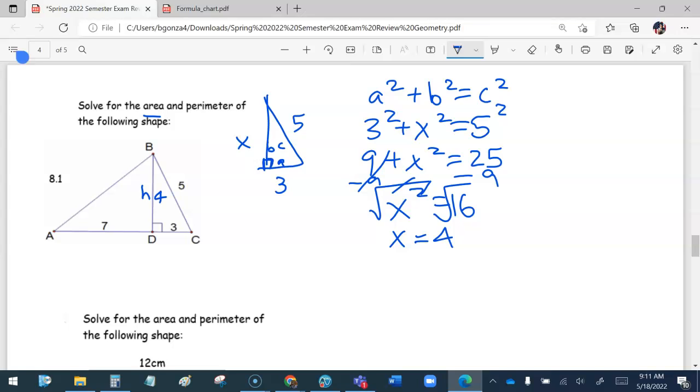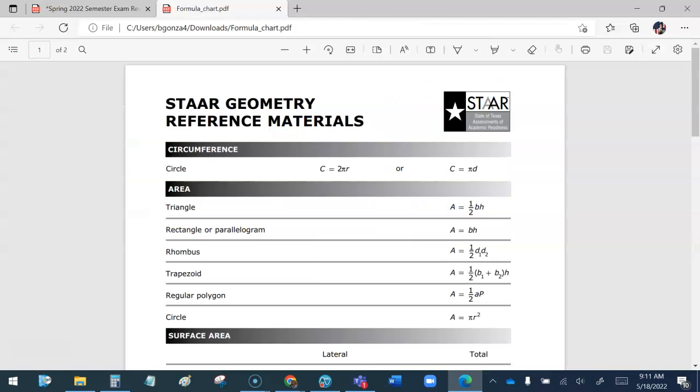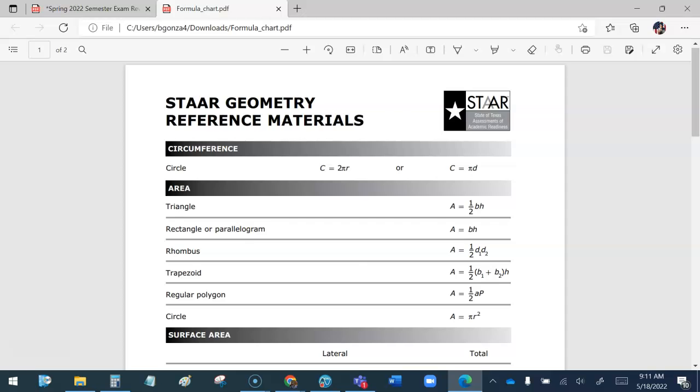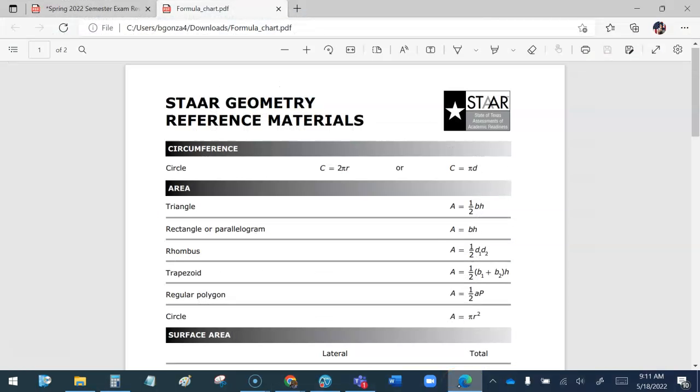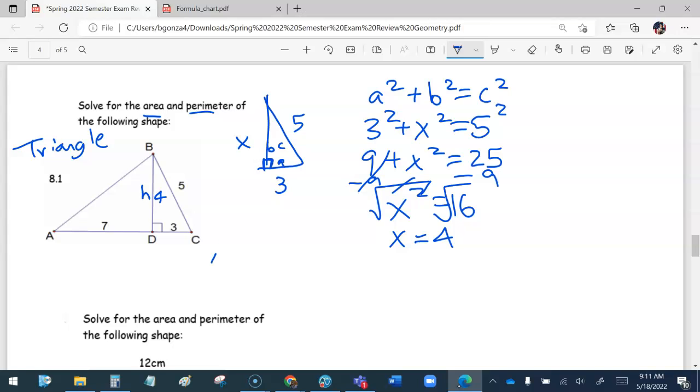Now, to find the area and the perimeter of this triangle, this is a three-sided figure. Hopefully we know this is a triangle. The formula for the area of a triangle is 1/2 BH. So the area equals 1/2 BH.